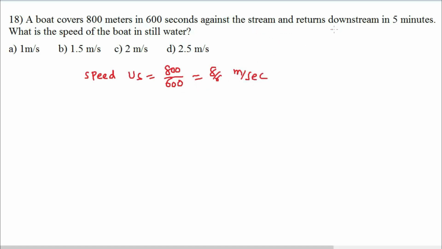And returns downstream in 5 minutes. Speed downstream equal to distance is same, 800 by 5 minutes. 5 minutes convert into seconds, 5 into 60.